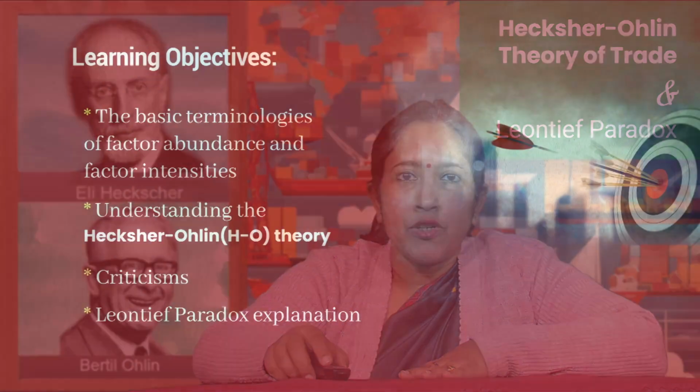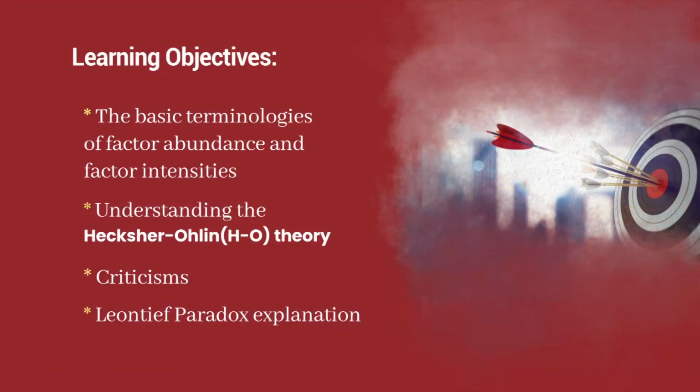This discussion of Heckscher theory of international trade would be followed by a discussion of the Leontief paradox. So, the key takeaways from this lecture would be the basic terminologies of factor abundance and factor intensities.